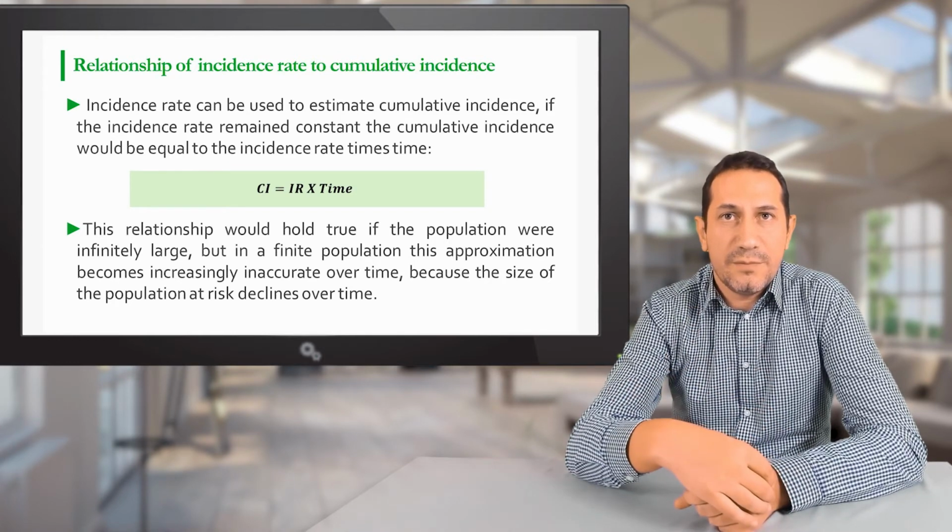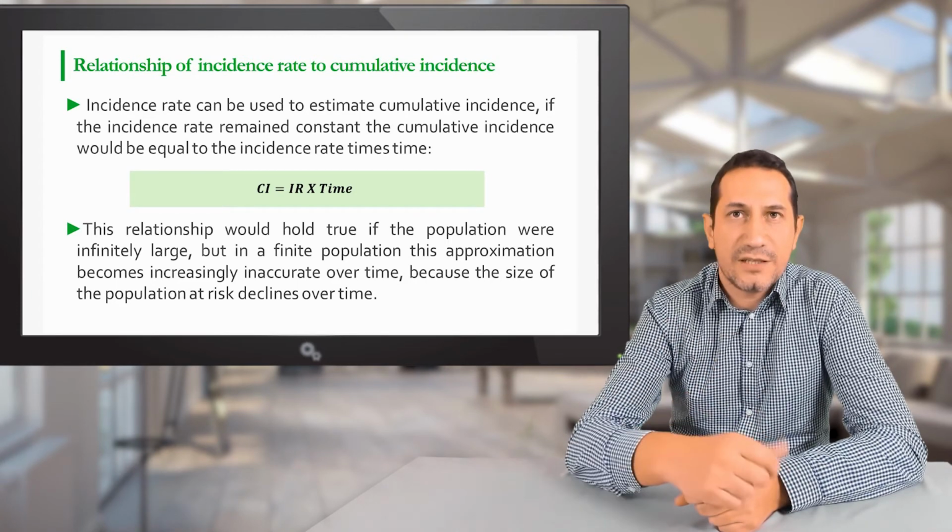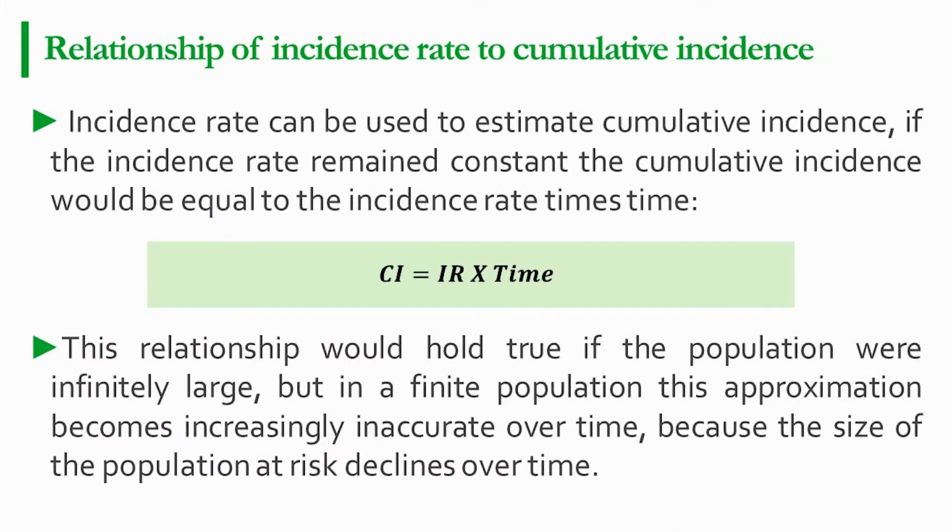And then incidence rate can basically be used to estimate cumulative incidence, especially assuming that the incidence rate is constant, and the cumulative incidence would then equal the incidence rate multiplied by the time component we have.